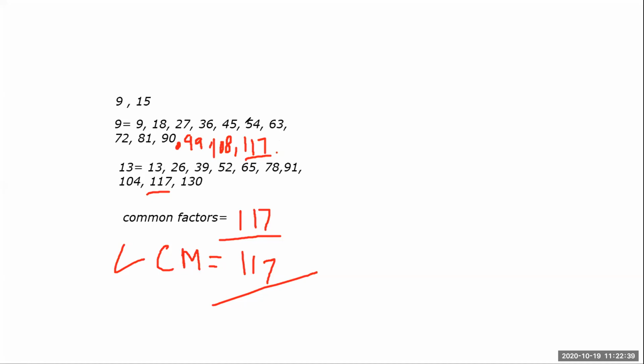Now here after writing the table, 117 is there in 9 as well as in 13, right? So 117, no common multiple is there before this 117. So our least common factor, means lowest common factor or lowest common multiple is what? 117.